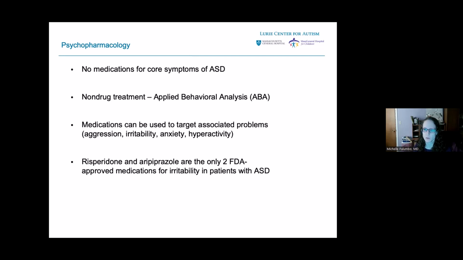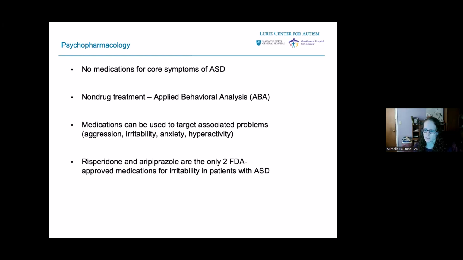And so what we often are looking for is what target symptoms or associated challenges the individual has that we can potentially make better with medication or therapy, including aggression, irritability, anxiety, and hyperactivity.